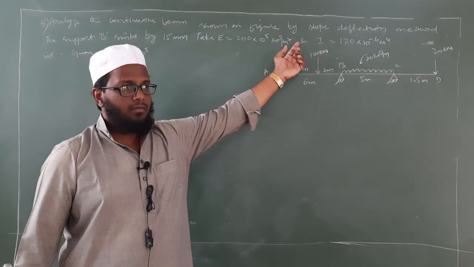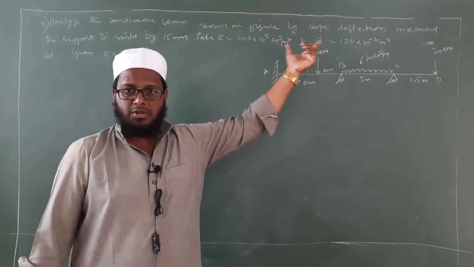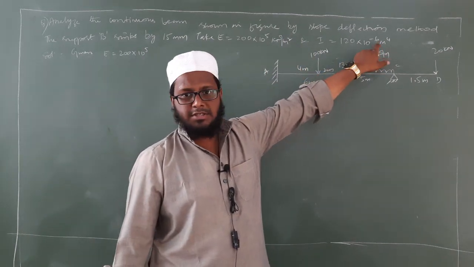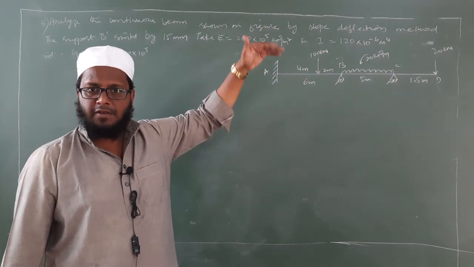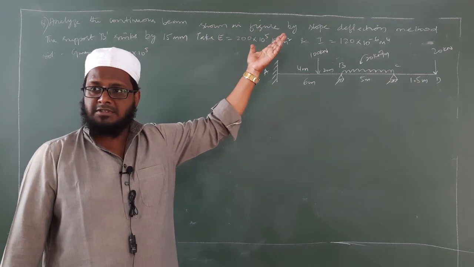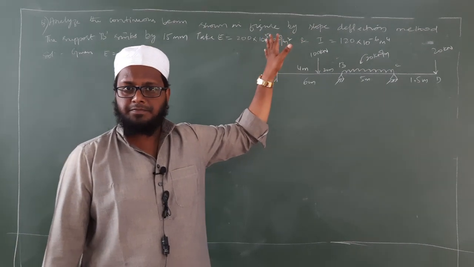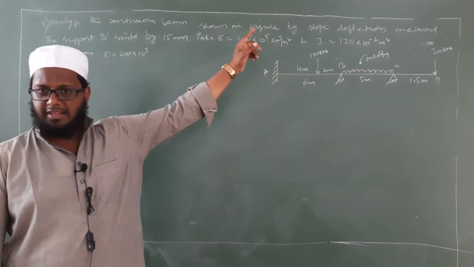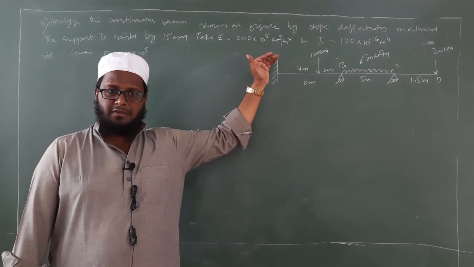Now very important concept here. Whenever you get E and I, both the values, you have to look at those units. These units are very important. Whenever there is a sinking of support problem, you will be having these values. In general problems you will not get the value of E and I, but when there is sinking of support, then you will get the value of EI.